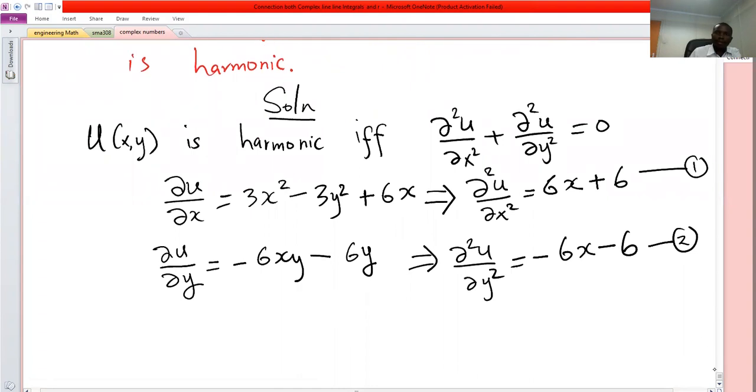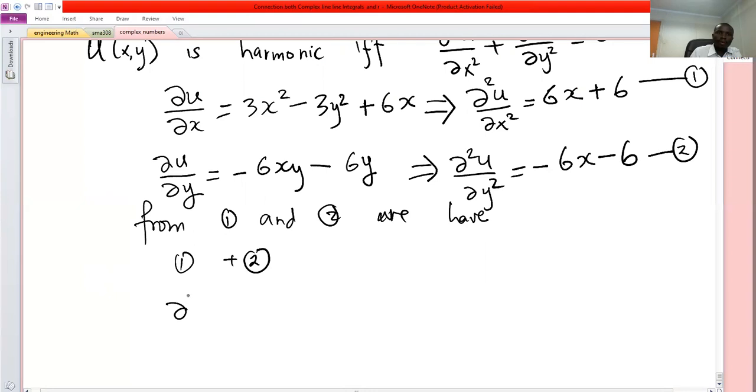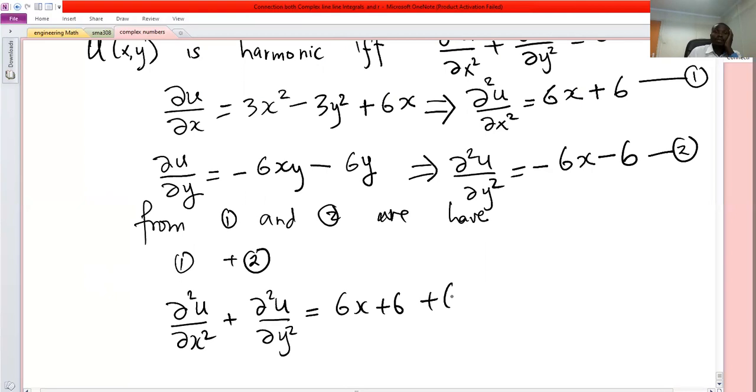Then from 1 and 2, we have equation 1 plus equation 2, partial squared u partial x squared plus partial squared u partial y squared equals 6x plus 6, and then plus minus 6x minus 6.